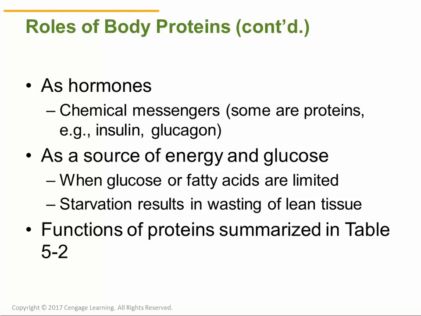Also, starvation causes the wasting of that lean tissue. Some of your type 1 diabetics, a lot of times they will be what? Thin or obese or overweight? They'll typically be thin. Why?